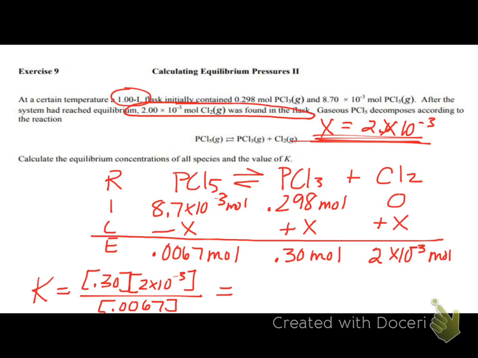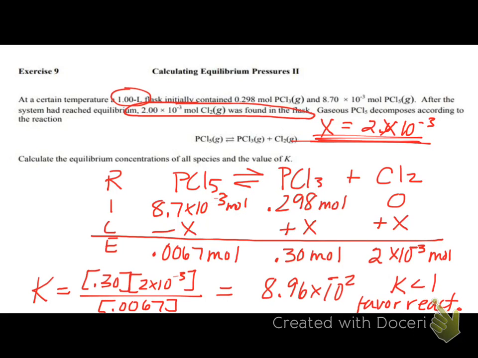So I should get 8.96 times 10 to the second, which would mean K is, no, it's a negative. It's negative. Sorry. Since K is less than 1, what do we favor? Favor the reactants.